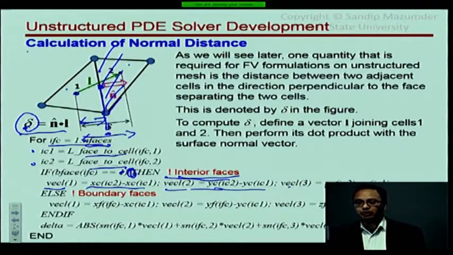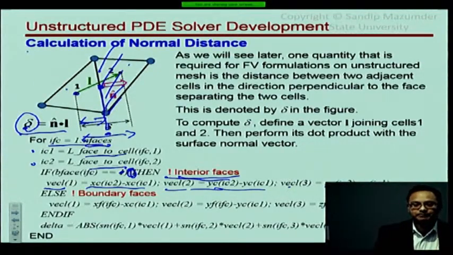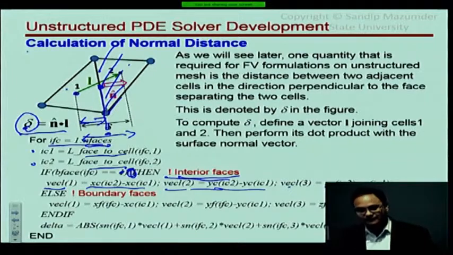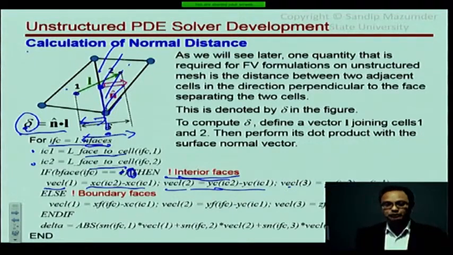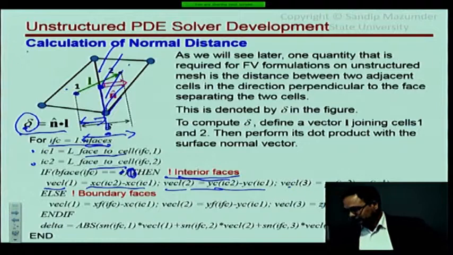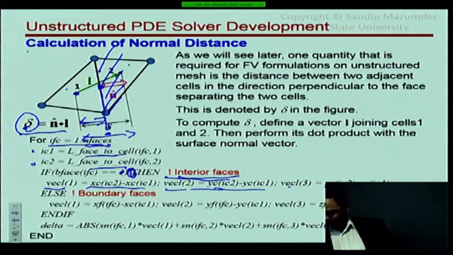Yeah, that delta is a projection. Think of it as the distance in the direction of the surface normal between cell 1 and cell 2. So we calculate the L, and then here is your actual delta. What you see here is we are dotting it with the surface normal.